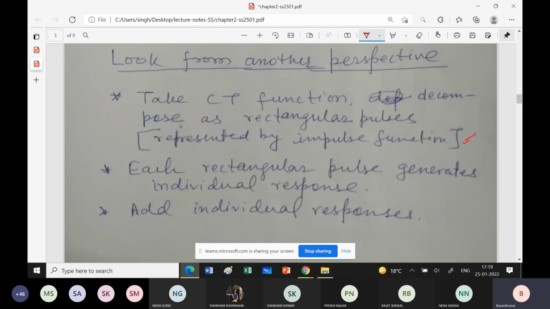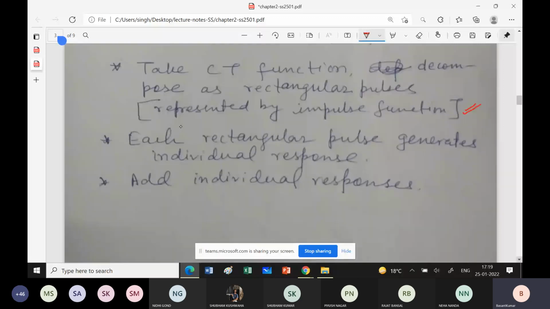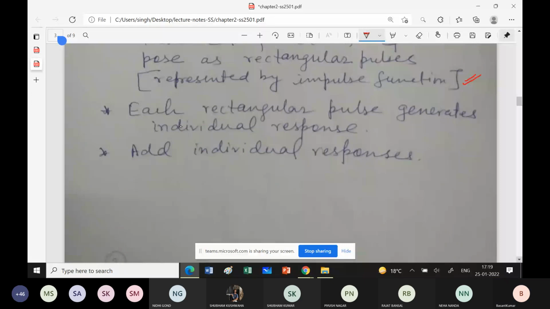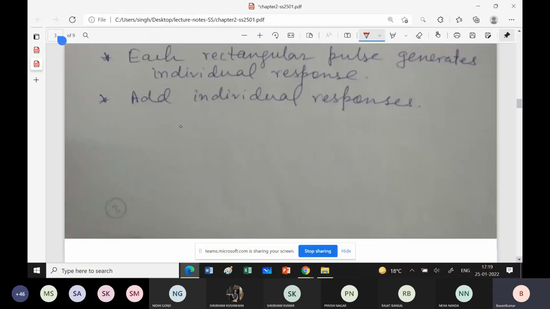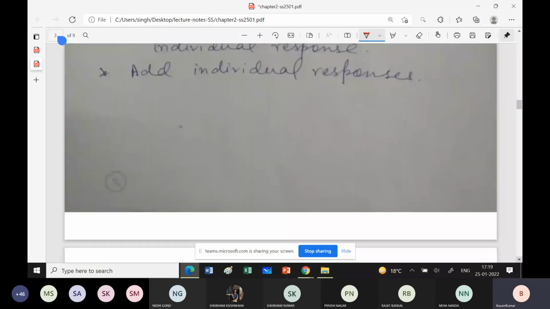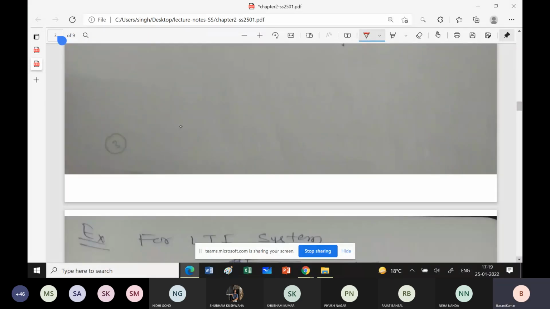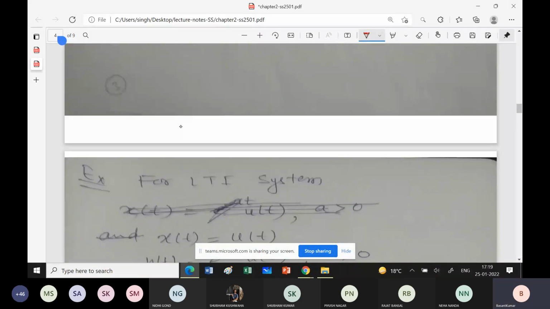Then each rectangular pulse generates an individual response. So what you have to do is just add up all the responses. This is how we compute the convolution. So you have to perform the convolution operation in continuous time, and the outcome you will get is the response of an LTI system.